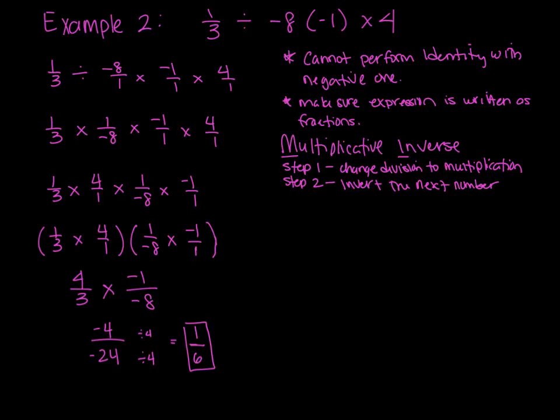So when we did that, we get 1/3 times 1 over negative 8 times negative 1 over 1 times 4 over 1. Right here, this is the commutative property, where we just reordered.